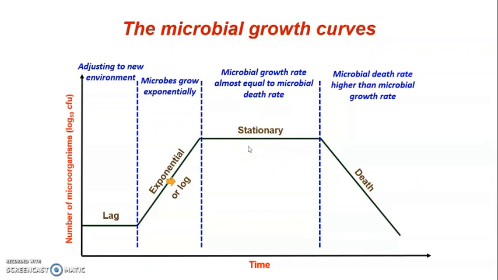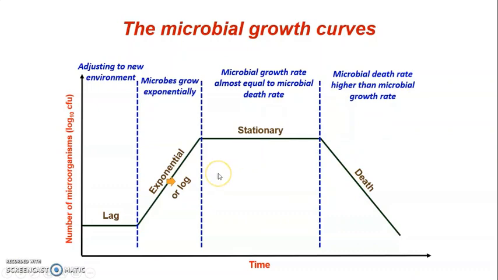As the nutrients continue depleting and the dead microbes produce toxic material, the microbes start to decrease and eventually die off. This describes the last phase of the microbial growth curve, which is the death phase.